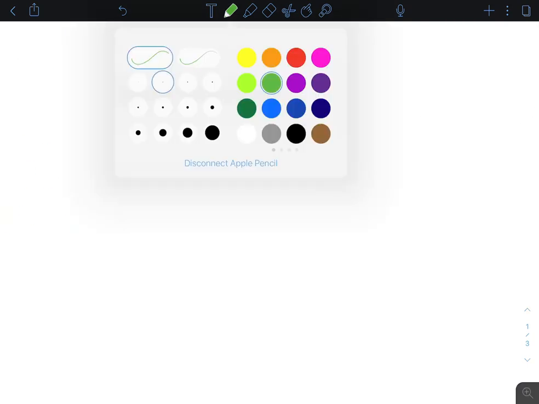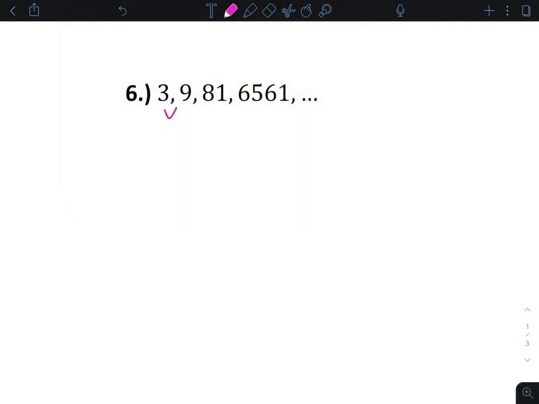And then number 6. So what's happening between 3 to 9? Okay, well, we know that's multiplying by 3. 9 to 81, that's multiplying by 9. And it looks like what's happening here is actually that's 81 times 81. These are squaring each other.